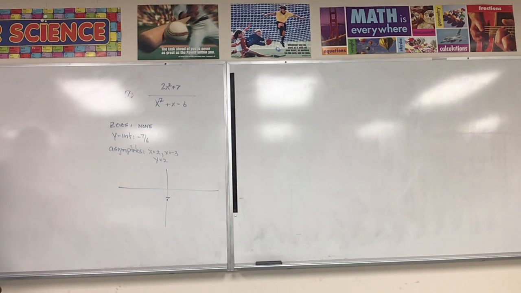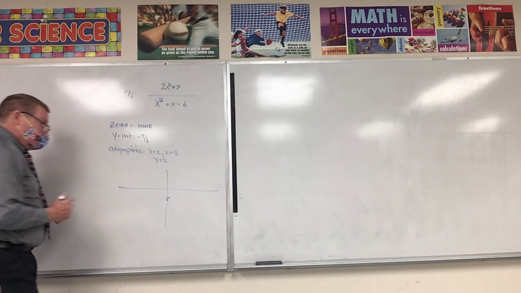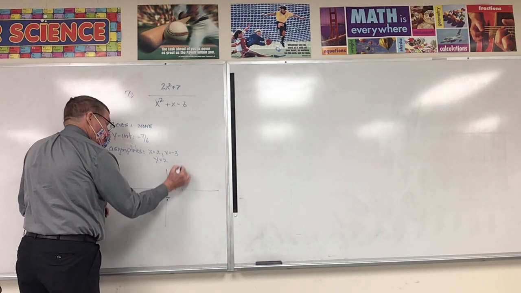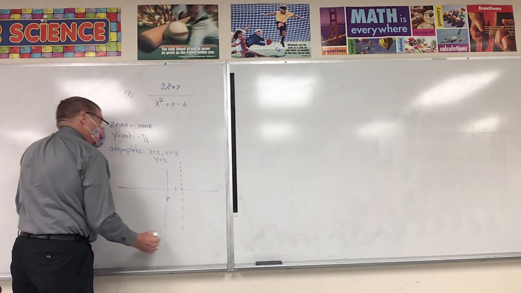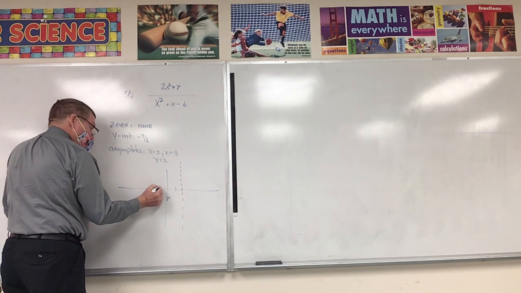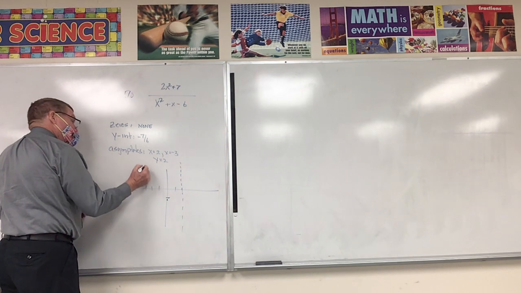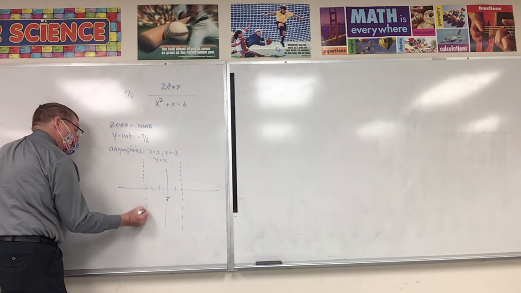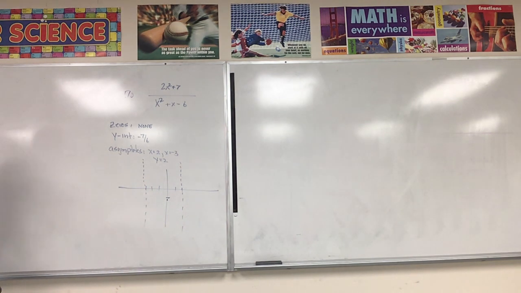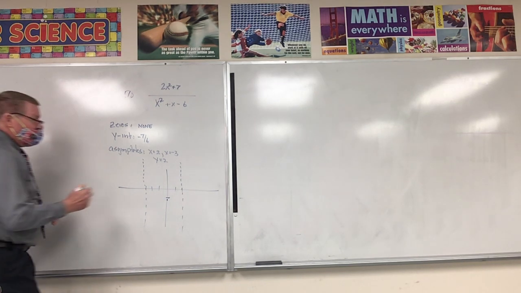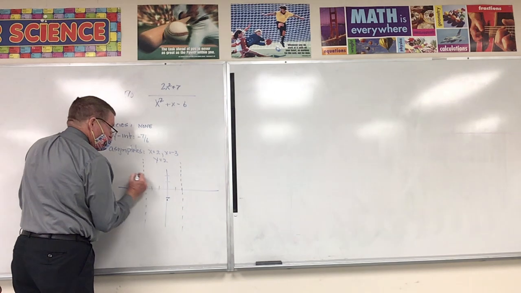Alright, vertical asymptotes: x equals 2, sorry, not y. X equals 2 and x equals negative 3, and my horizontal asymptote is y equals 2.